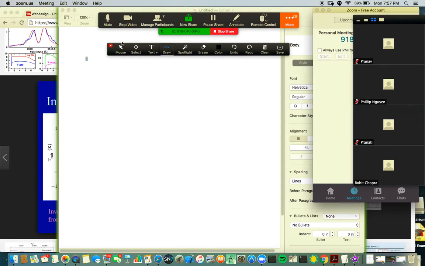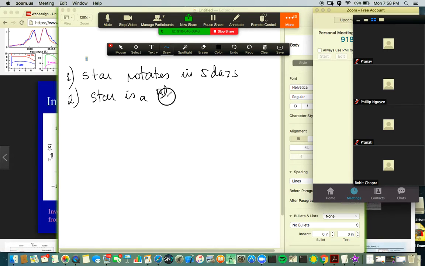So let me write this down. One, the star rotates in 5 days. Two, just for that, the star is a black body. So this represents pretty much a T-Tauri, 4,000 degrees.